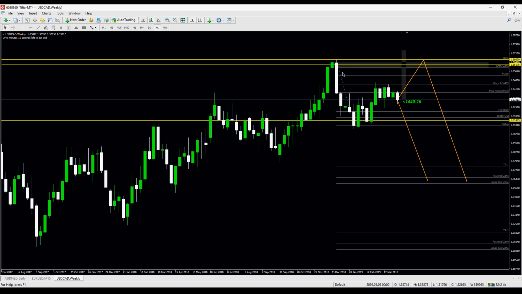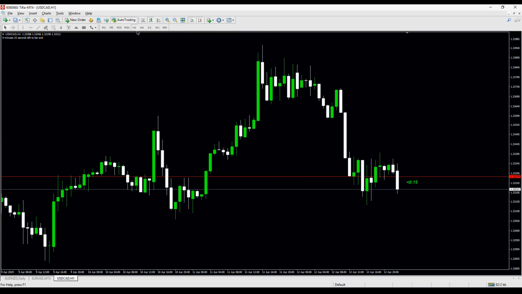So this is how we identify the validity of the setup itself. Okay, so that's a bearish engulfing setup.